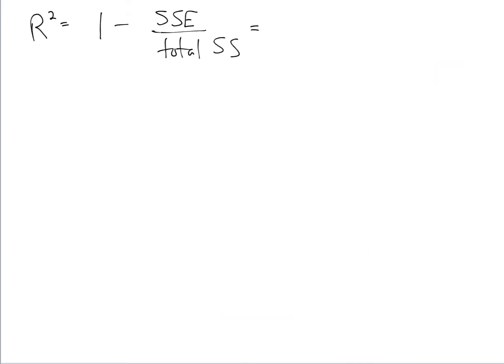So recall that our R squared could be written as 1 minus the sum of the square errors over the total sum of squares, which we can rewrite as 1 over n times the sum of squared errors divided by 1 over n times the total sum of squares.